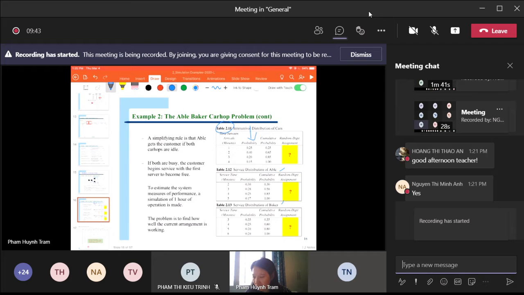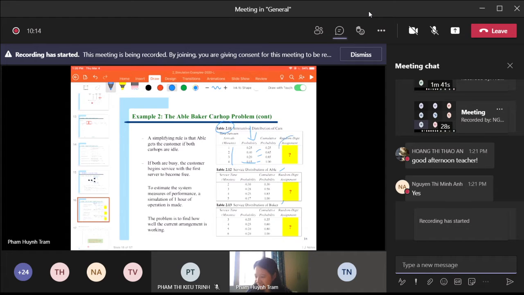We have the inter-arrival time varying from 1 to 4 minutes, and the probabilities are 25%, 40%, 20%, and 15%. If you sum up all of these cases, you will have 100%. So can someone tell me how I use the random digit assignment to simulate this probability distribution?